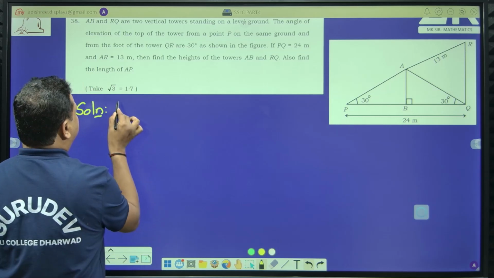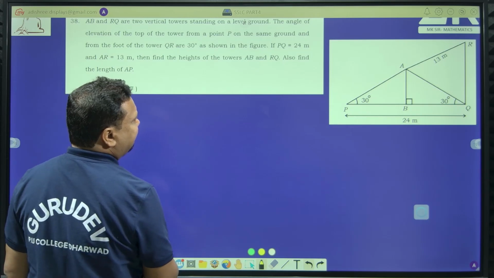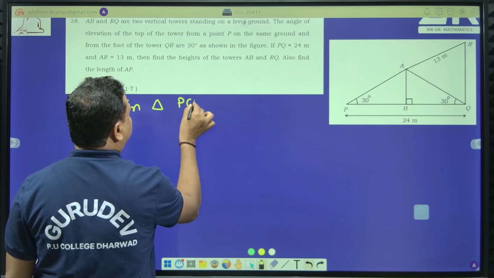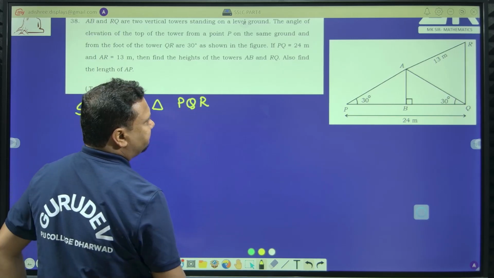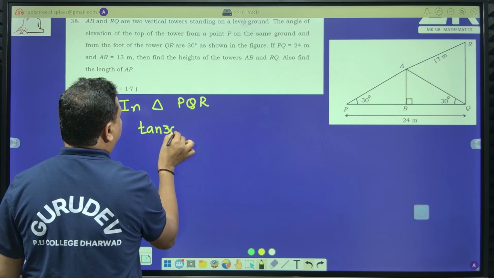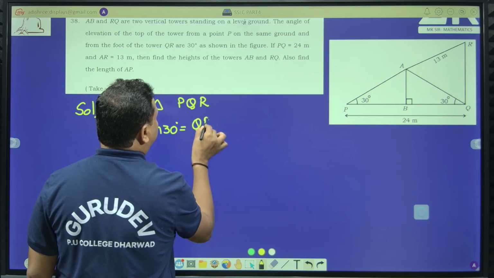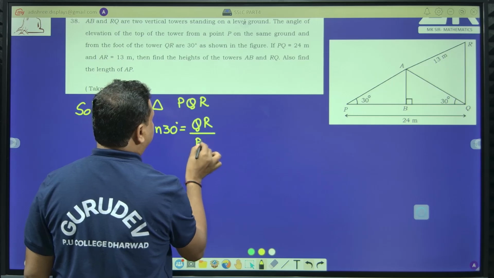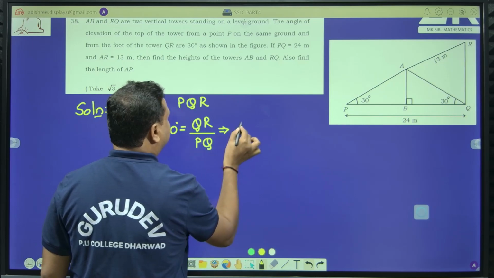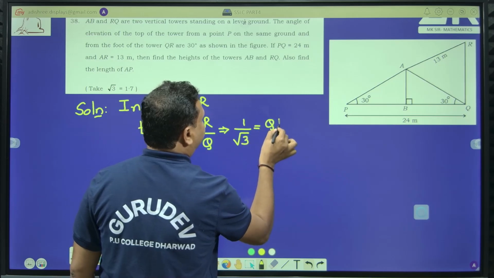So let me consider first the triangle PQR. What is tan 30 degree equal to? Tan 30 degree is opposite upon adjacent, which is 1 by root 3. QR, yes, we are interested in finding.